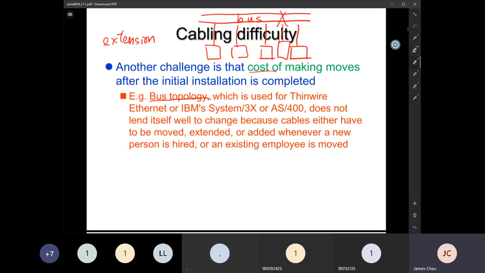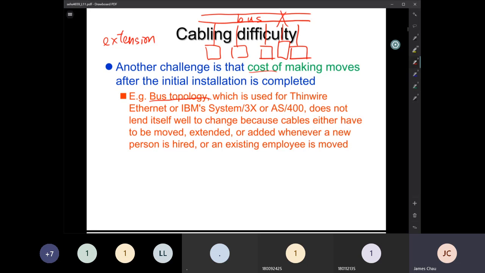Therefore, we should find a solution to solve this problem, especially in a building. You cannot afford any suspension of any business, right? Because time is money. If you make suspension, that means you lose money, and no one wants to lose money, right?